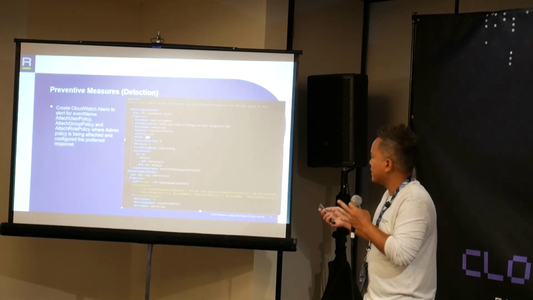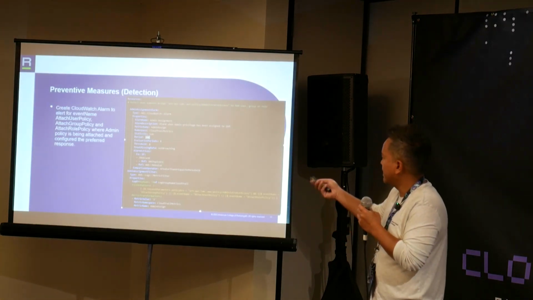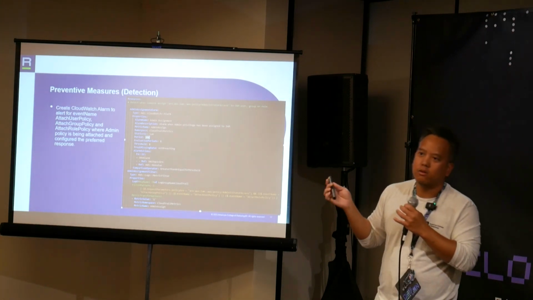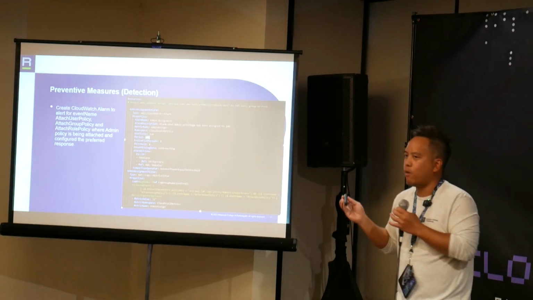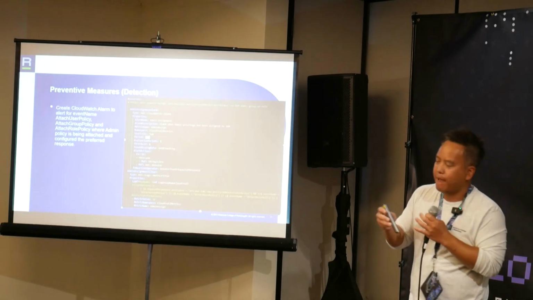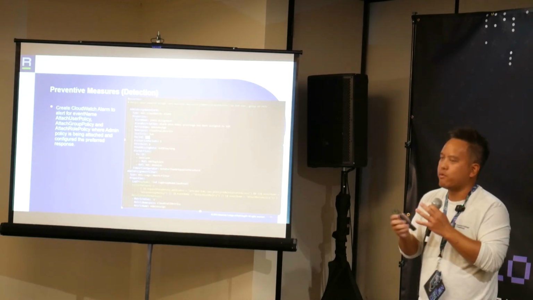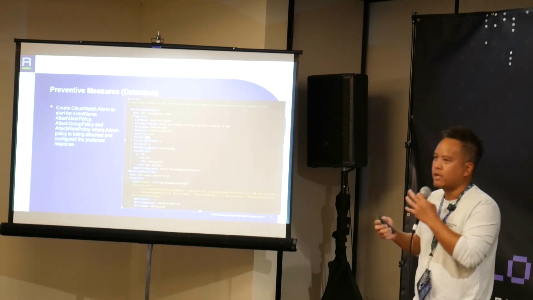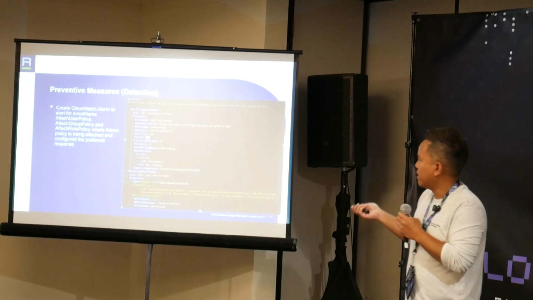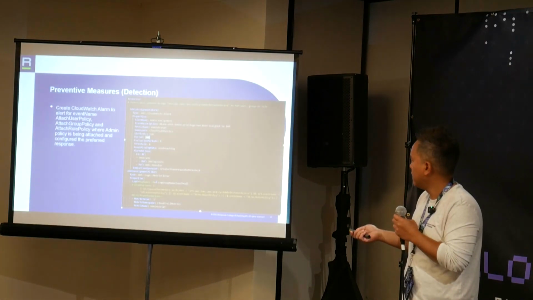That's one of the best ways you can do it. And this is useful for anything else too. You want to know when someone tries to attach the admin permission to any of your resources: IAM roles, groups, and users. So that's one of the good ones.